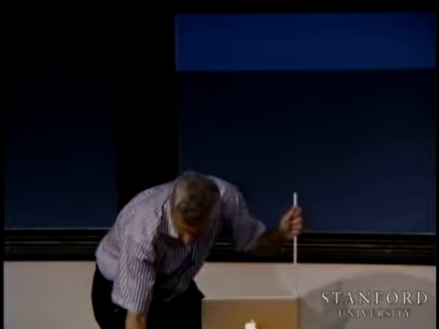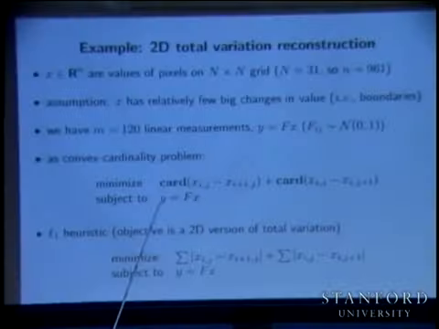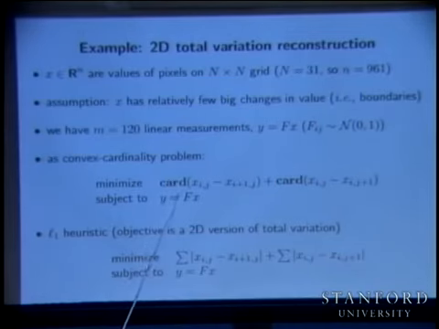With our linear measurements, among those, what we'll do is pick one. We would like to minimize the sum of the cardinalities of the differences. Let me show you what that is over here.